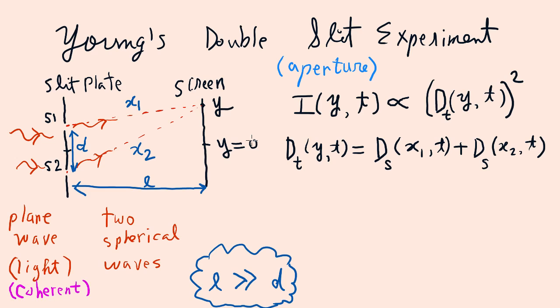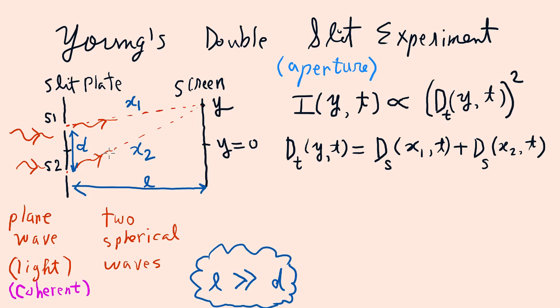That means the light that hits slit 1 and the light that hits slit 2 must be basically the same light, or sometimes they could have a constant phase shift. But the light that hits here and the light that hits there cannot have arbitrarily changing time-dependent or space-dependent phases.